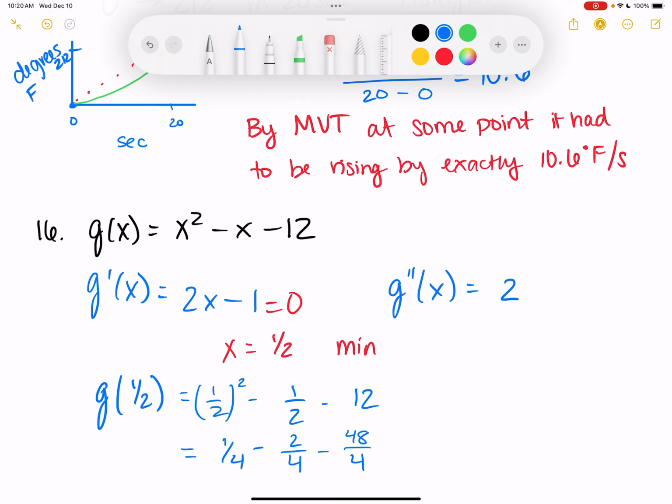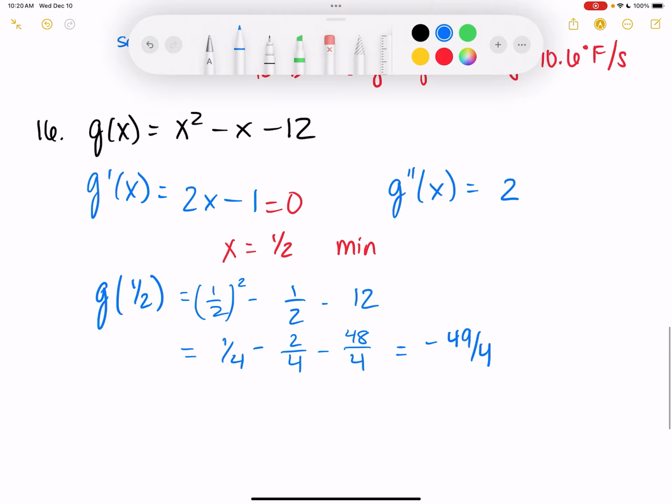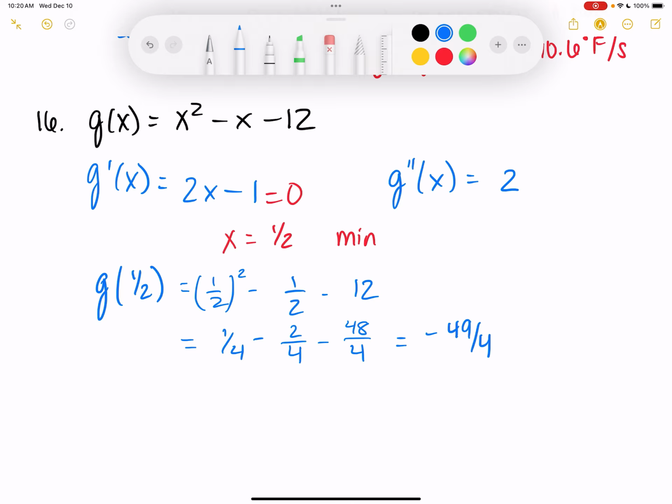So that gives me a negative 49 over 4. A lot of times we just leave it that way. If you want to convert it into a decimal, you can. So the answer to part A, we have a min at 1/2 and negative 49 over 4. So that's our point.